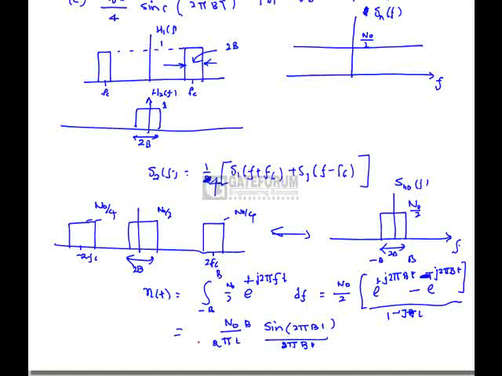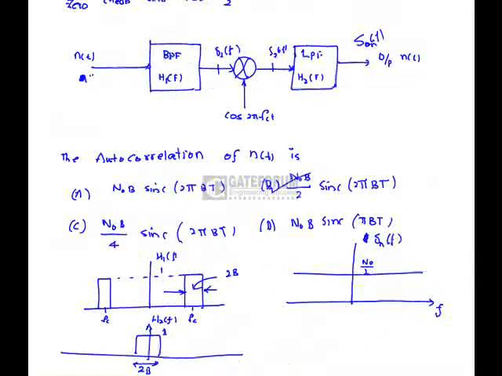So we will get N0 b divided by 2 sinc of 2 pi bt. That is, option B is correct.